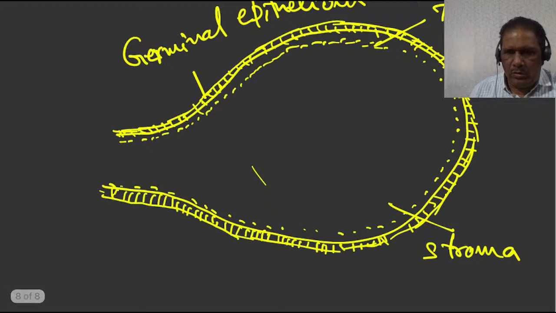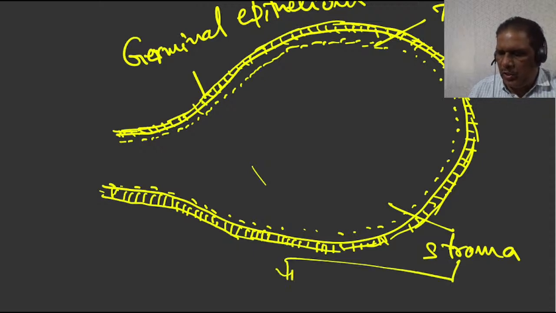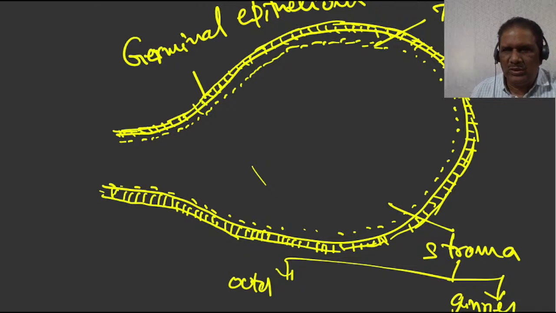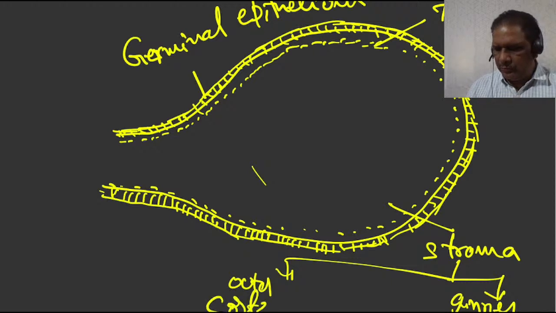Next, the third part is the stroma. The stroma consists of two parts: an outer part and an inner part. The outer part is the cortex and the inner part is the medulla.